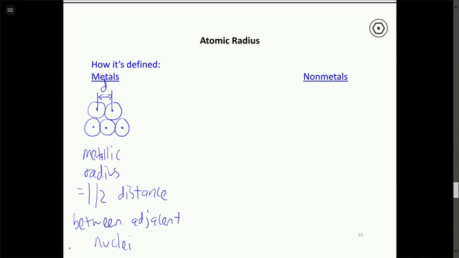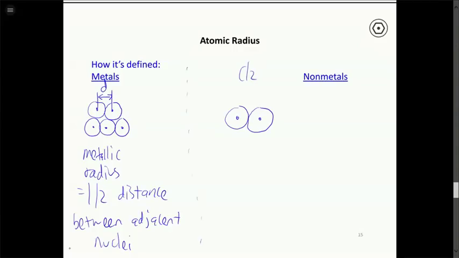Now, another simple way to think about it is how big the electron cloud is. We know that the electron cloud doesn't have a definitive starting and end point. It's all probabilistic for quantum mechanical models. But if you think about how much space the electrons occupy, that's a simple way to think about atomic radius. Now, if we do nonmetals, it's a little bit different because we don't have discrete solid arrangements of atoms, but we can still look at, for example, two nonmetals bonded to each other.